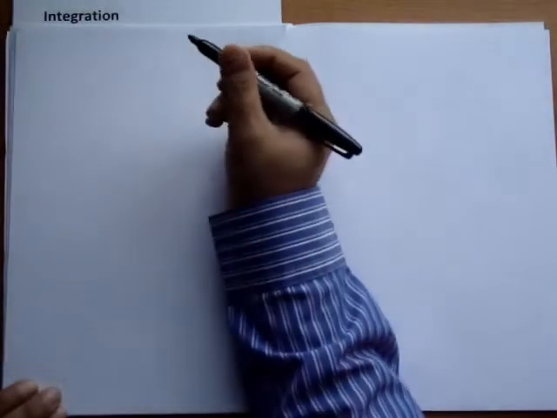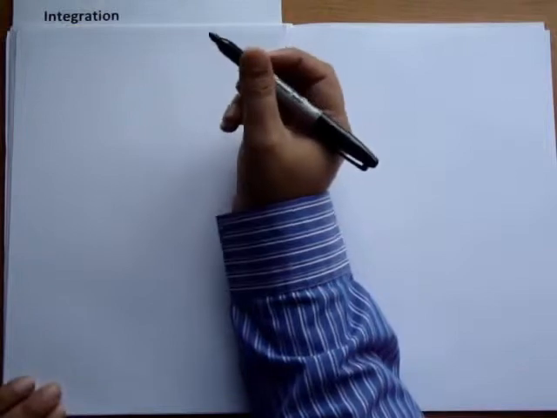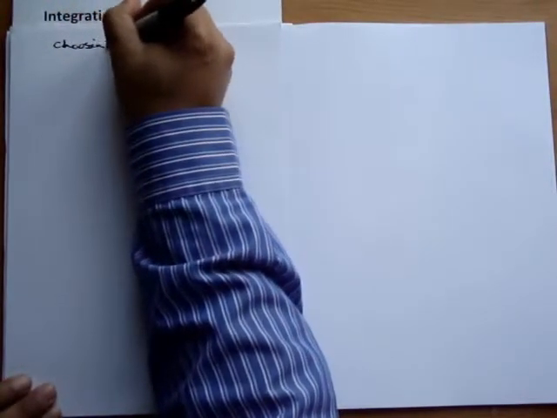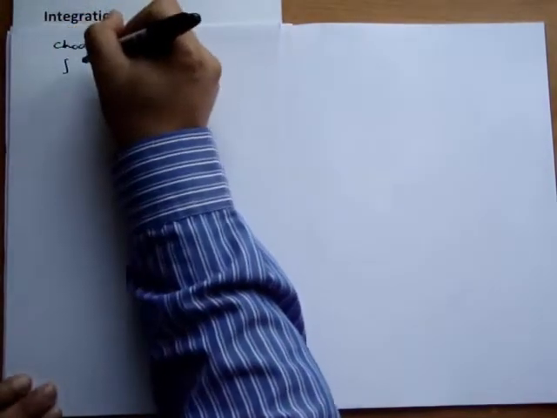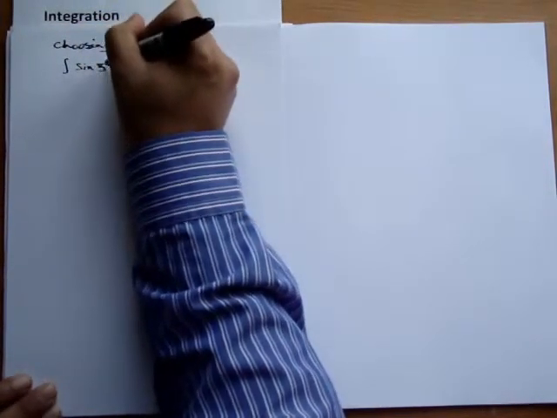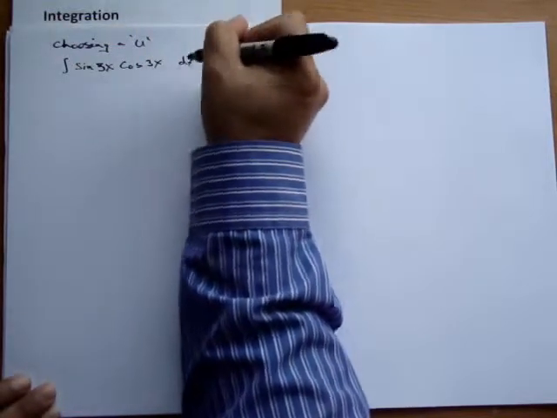Sometimes when we're doing integration by U-substitution, it doesn't matter what we use as the u, so long as when we're doing our initial u and du, the du appears in the original integrand. Let's have an example of that, choosing a u. So for example, if we have the integral of sine 3x cos 3x dx.